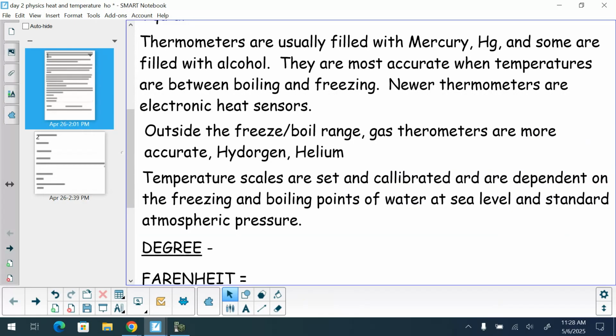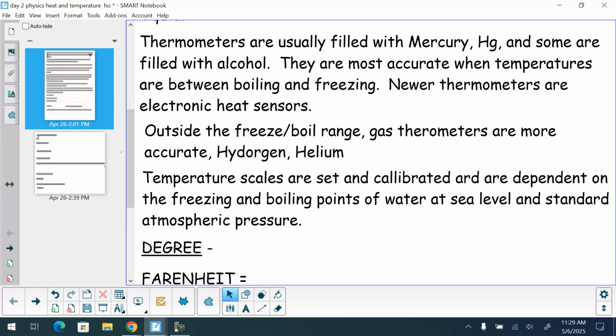and are dependent on the freezing and boiling point of water at sea level and at standard atmospheric pressure. So when you talk about temperature scales, the basis of all temperature scales is your freezing and boiling points of water at sea level, because if you go up above Denver, like in Denver, the Mile High City, your boiling point decreases.